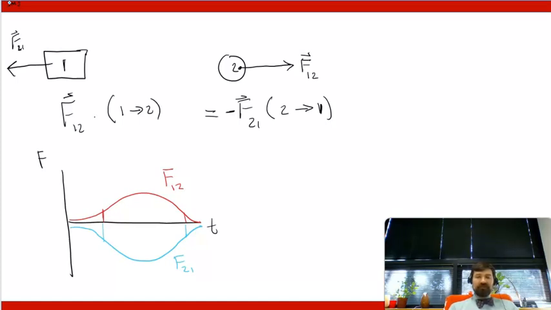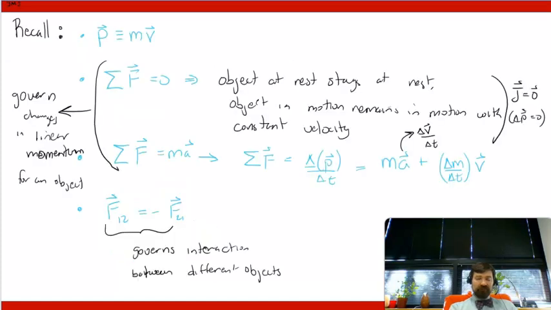Well, if that's the case, then that means if I want to figure out changes of momentum, going back over here, I have a pair of objects which are interacting, and the force is equal to the rate change of momentum times time.